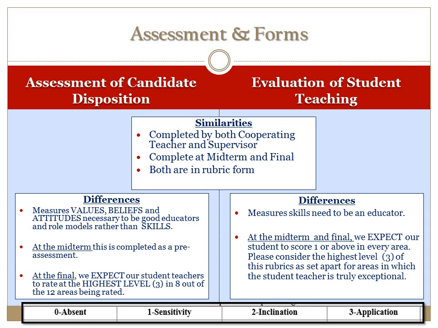This will allow you to help the student teacher experience different activities that would demonstrate that they are showing 3 application for their values, beliefs, and attitudes so that they can score highly on the dispositional rubric. Please use this observable actions chart as a guide for the student teacher's experience and your completion of the Assessment of Candidate Disposition.